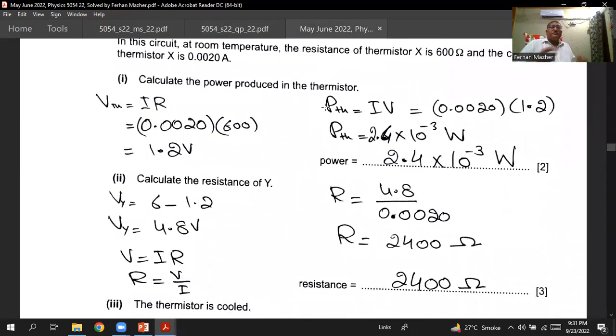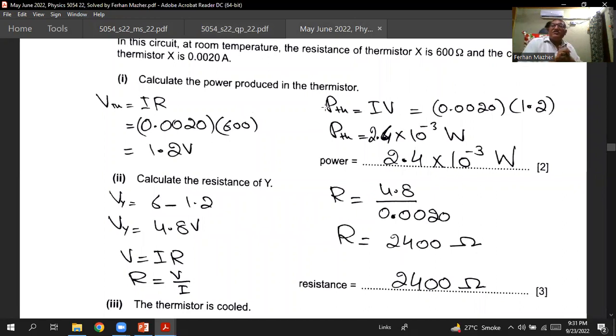The voltage drop V equals IR. The current flowing through the thermistor is 0.0020 ampere, and its resistance is 600 ohm. When you multiply them, you get 1.2 volt.